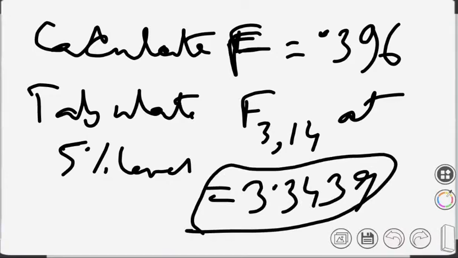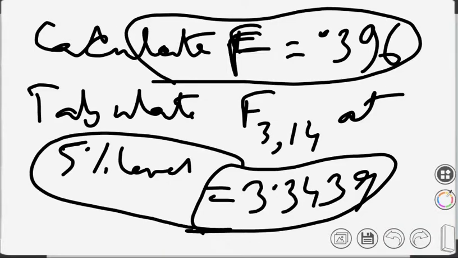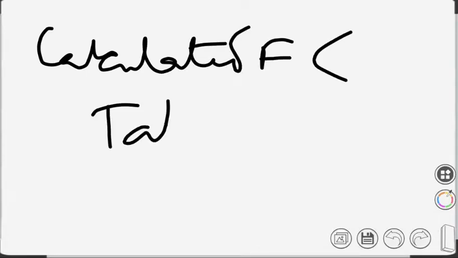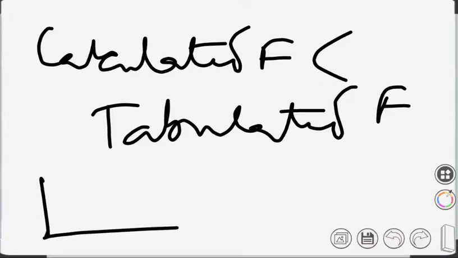So that means calculated F is less than tabulated F. তাই তো? That means we accept the null hypothesis. That means it falls in the acceptance region.